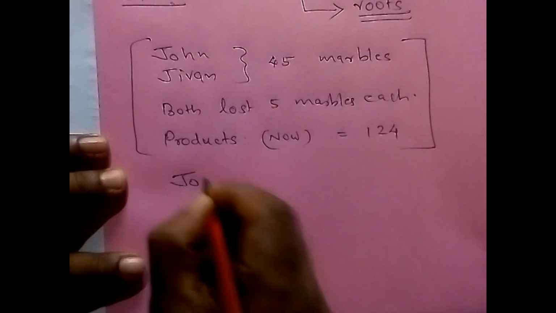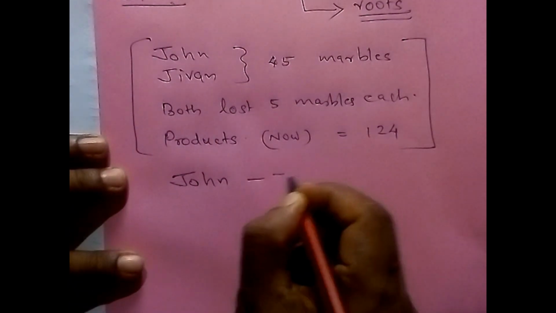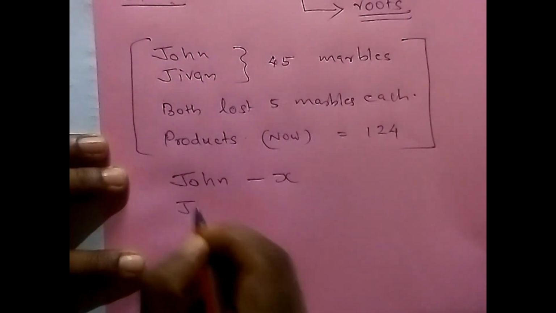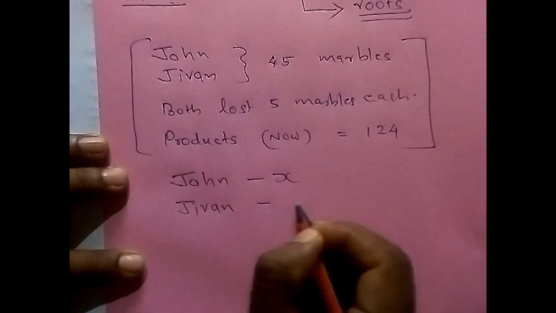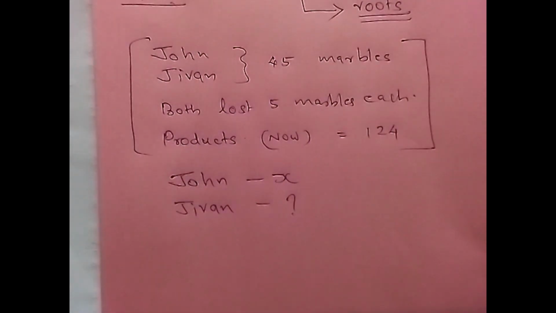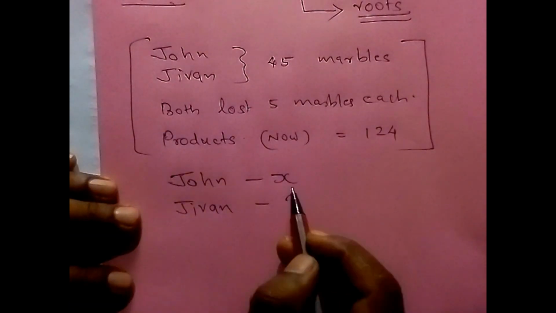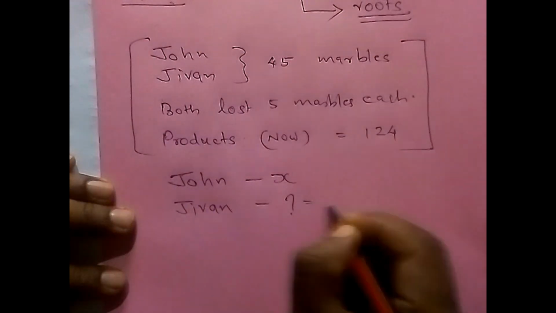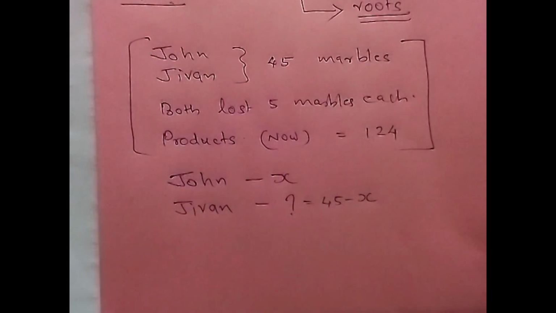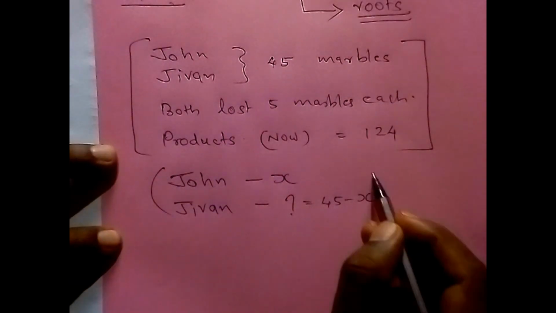So if John is having x marbles, how many marbles will Jeevan have? Because both of them added together is 45. So if John is having x marbles, Jeevan will have 45 minus x marbles initially.